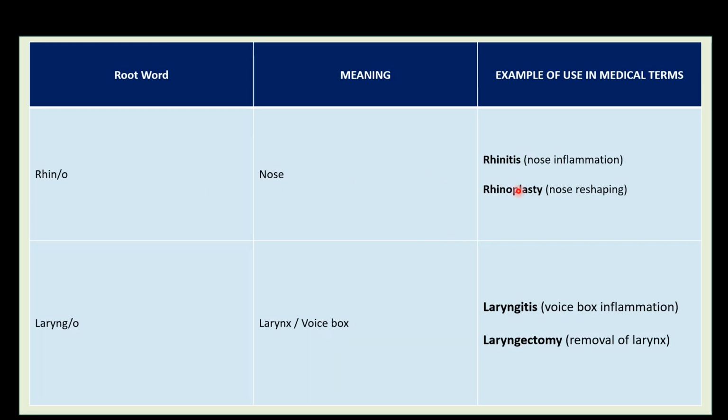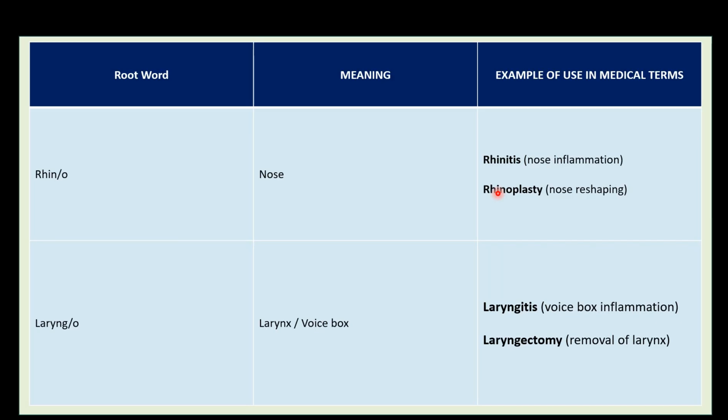The first thing that we have is rhinitis. Rhinitis means nose inflammation. As I mentioned, whenever you find itis, you can easily relate it with inflammation. Rhin is related to the nose and itis is related to inflammation. Now we will talk about the next thing, that is rhinoplasty.